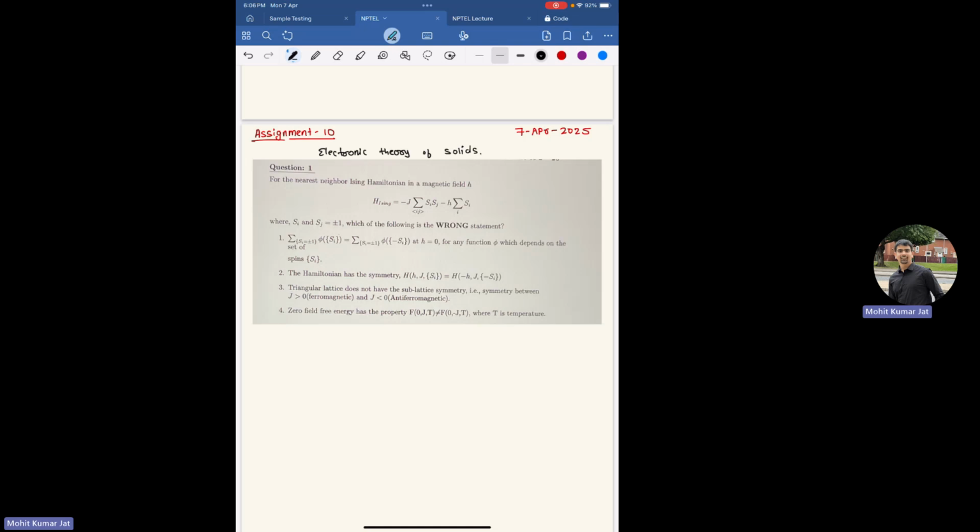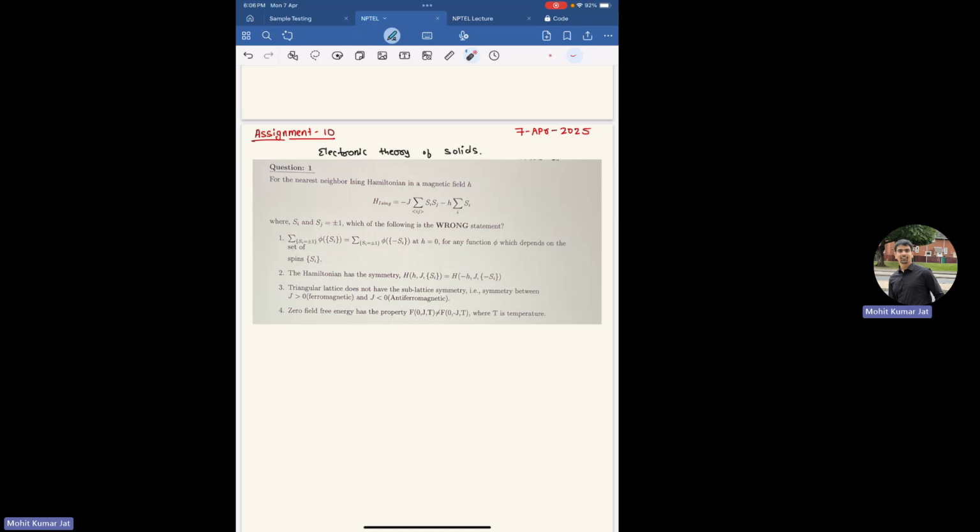So H Ising means the Hamiltonian of the Ising model, with J and Si. The Si's are spin quantum numbers basically. h is the magnetic field and Si is the spin.